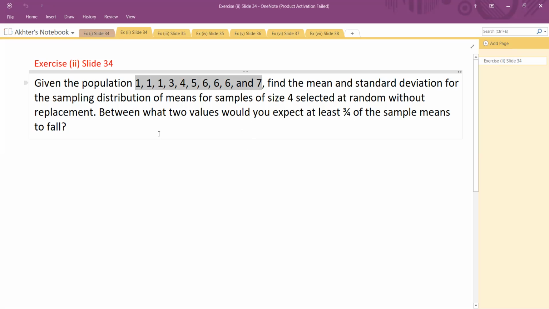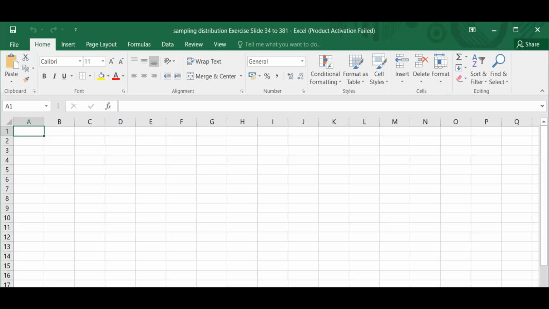And now we are going to first check whether this population is normal or symmetrical or not. Firstly, we will make a frequency table for the population. Unique values are to be noted in column number 1, and their frequencies will be in column number 2. Then 5, 6, and 7. These are the different values of the population.